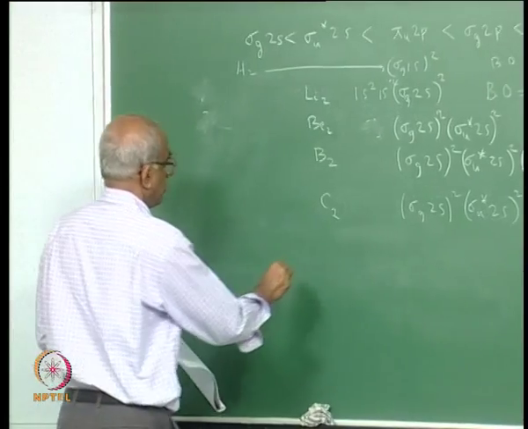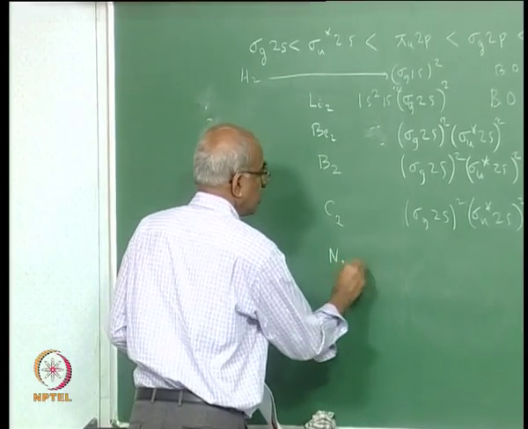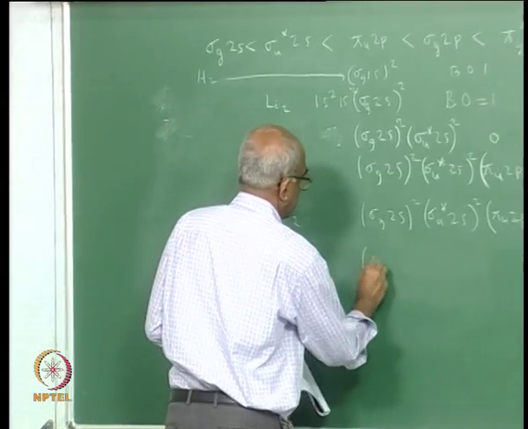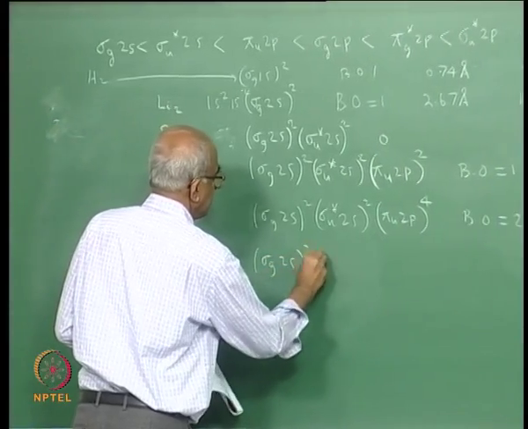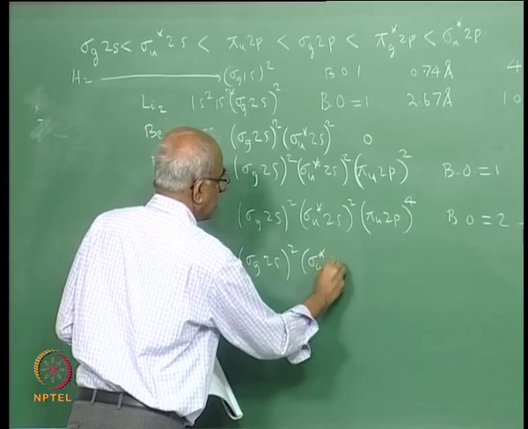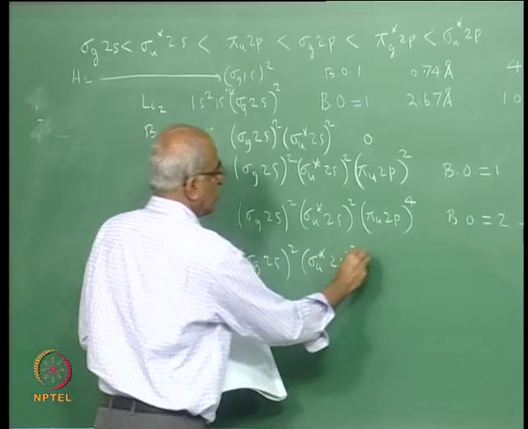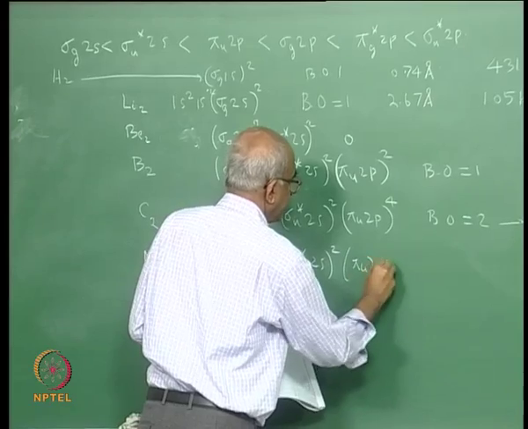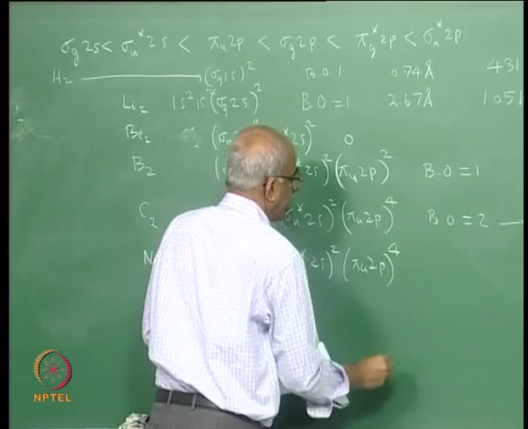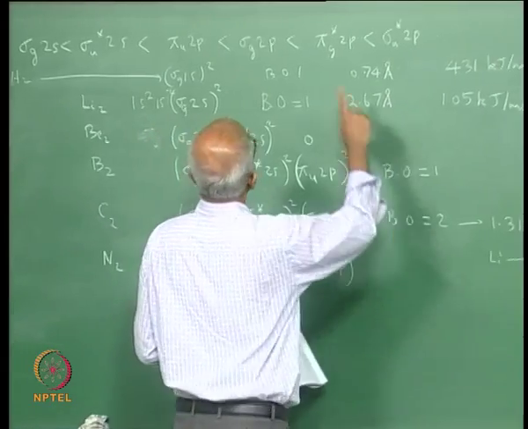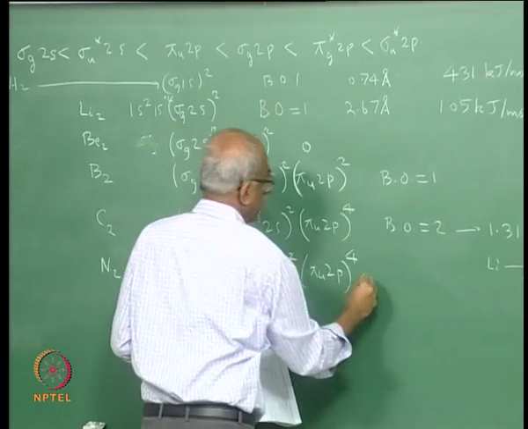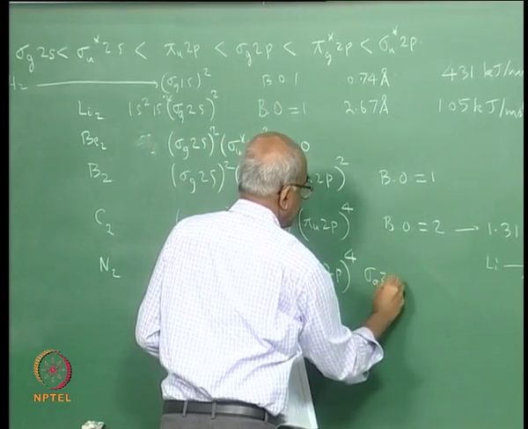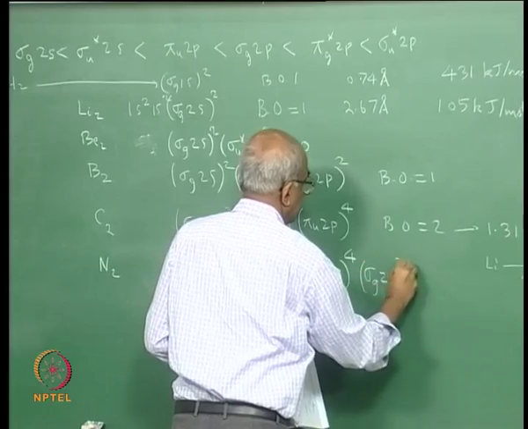Then coming to N2, you just add 2 more electrons. So, you would have sigma g 2s, sigma u star 2s, pi u 2p 4, and then the next orbital, sigma g 2p with 2 electrons.